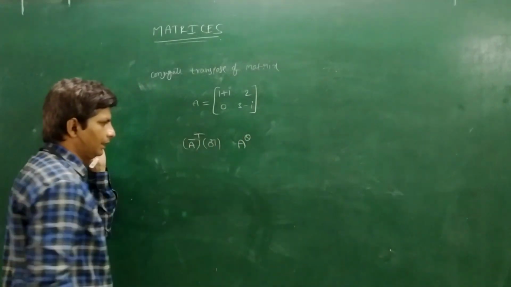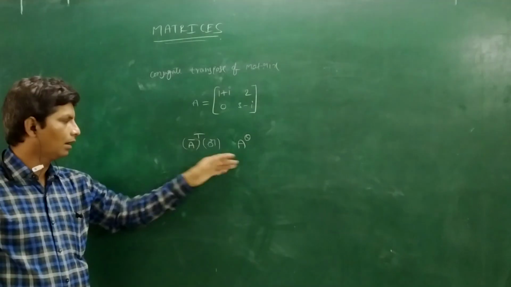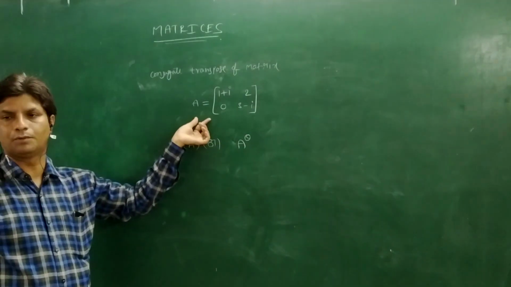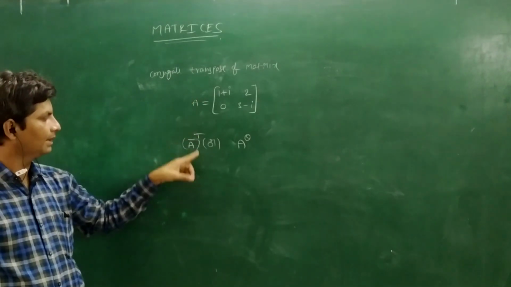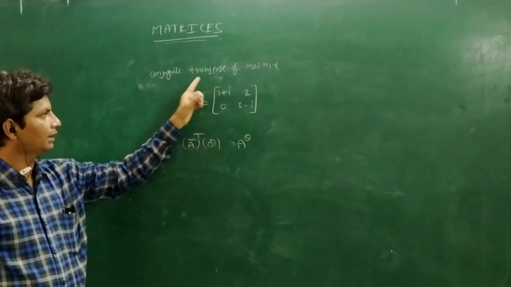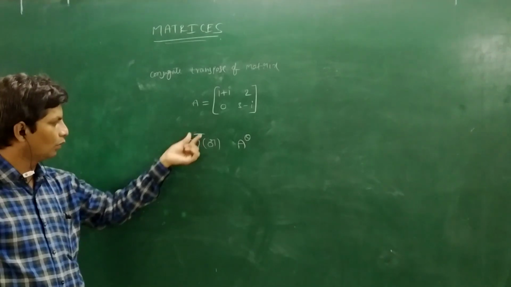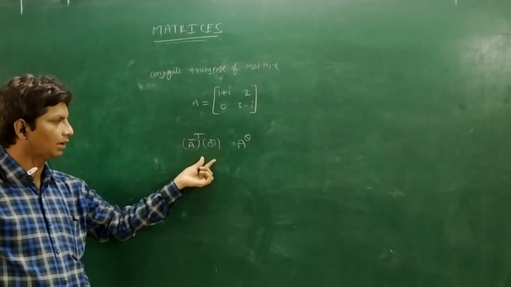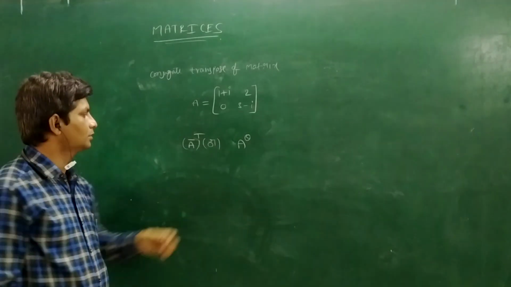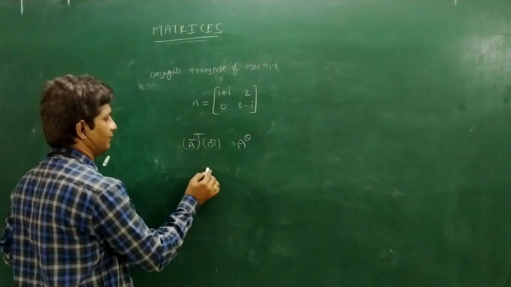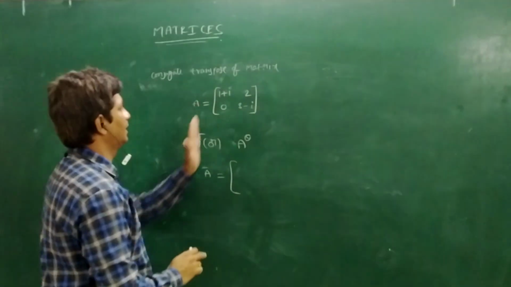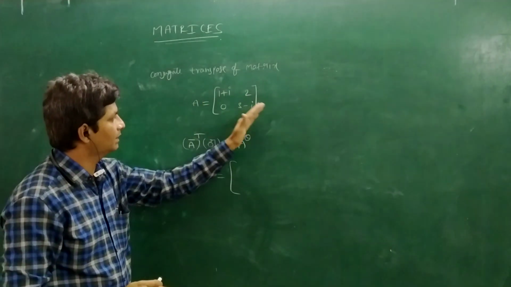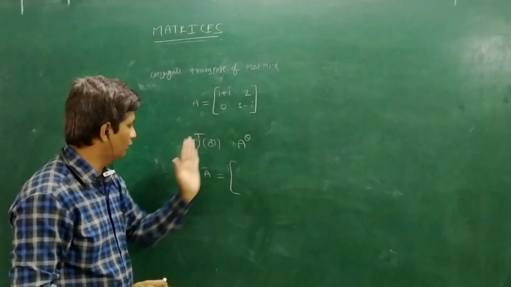Conjugate transpose of a matrix is A bar whole transpose, or A power theta. So how to find the transpose conjugate of a matrix like this? First of all, I am going to find A bar. A bar means keep the elements as is. Wherever complex numbers are there, for those complex numbers you will find the conjugate.